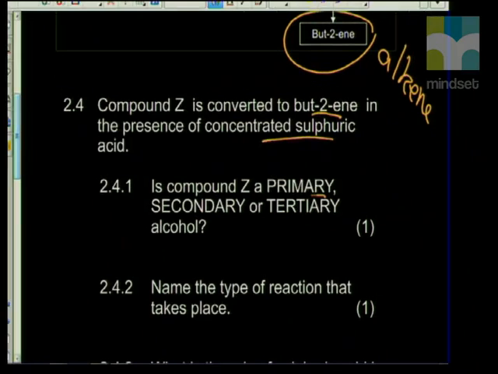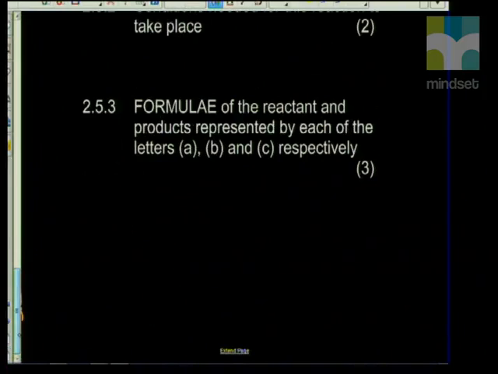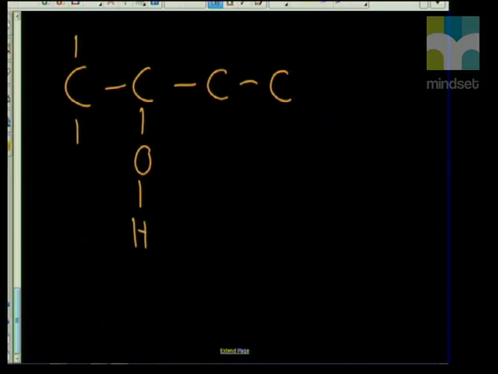It says, is Z a primary, secondary, or tertiary alcohol? Let's get some space to explain the difference between those, so we can be very clear about it. So we've got the butane, and position number 2 was where the alcohol was, or the hydroxyl group, and I'm just putting that in like that.